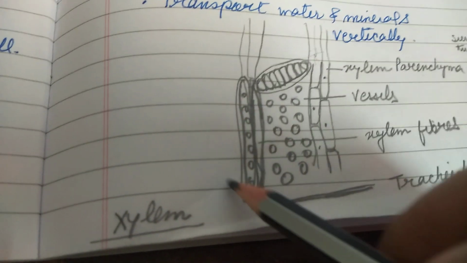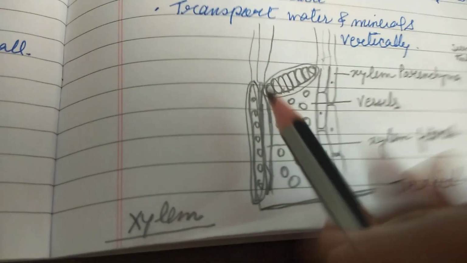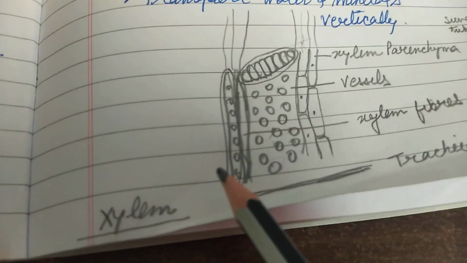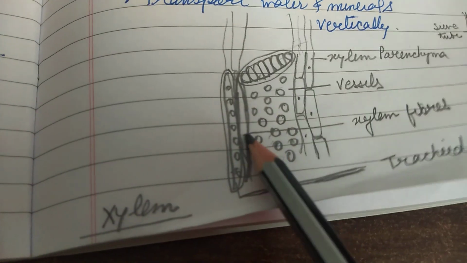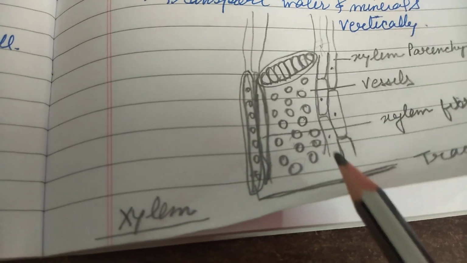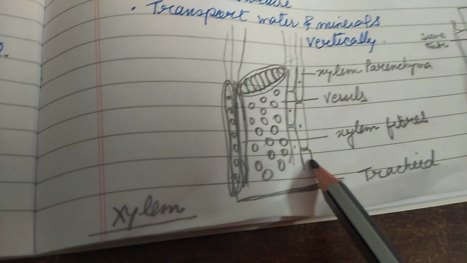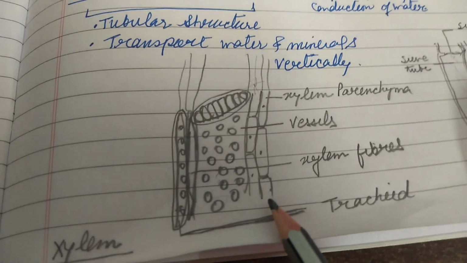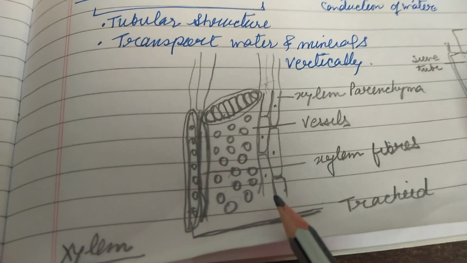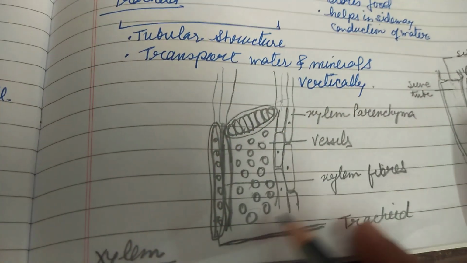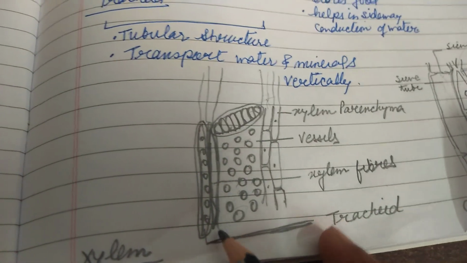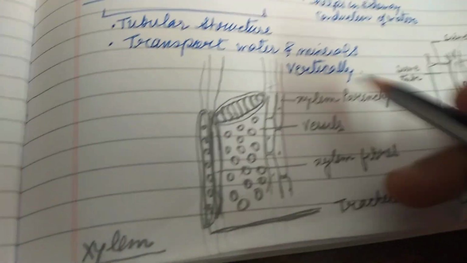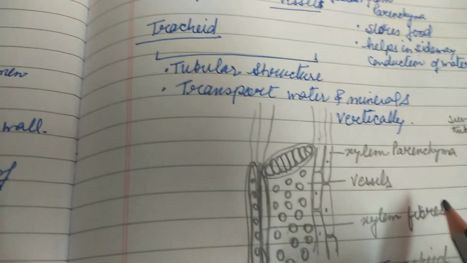If you see one portion of xylem, it looks like this. This is a vessel, this is a vessel, this is a tracheid. This is xylem fiber and this is xylem parenchyma. Clear? This is the diagram of a xylem. We have drawn a section. Down also you will see the same type of structure, and upward also you will see the same type of structure.